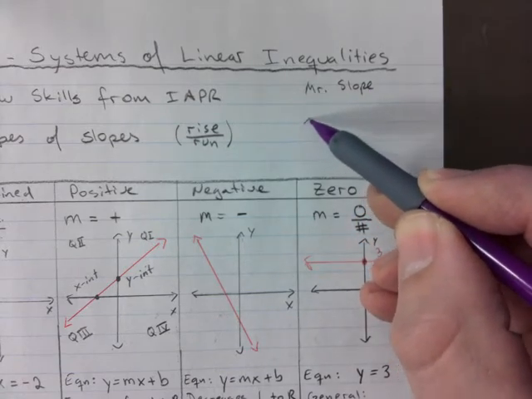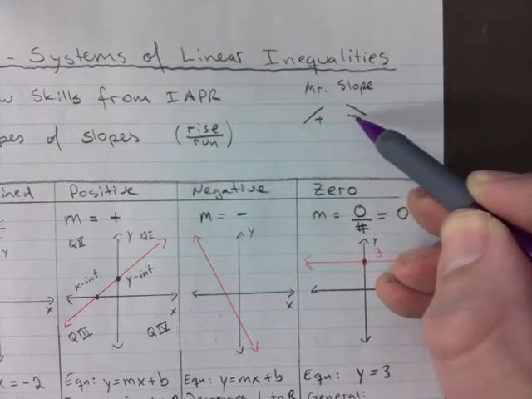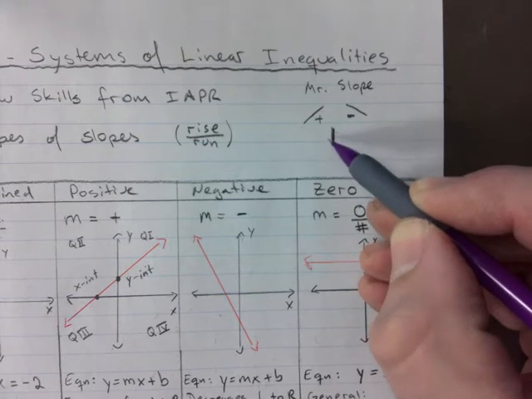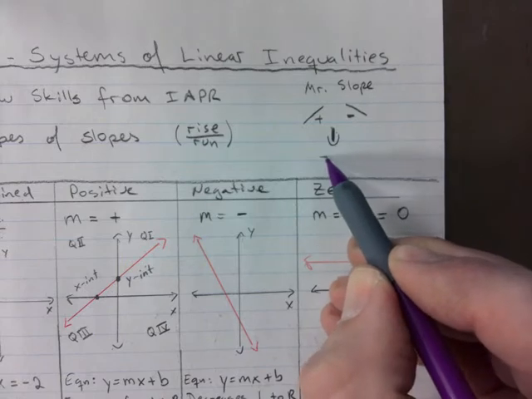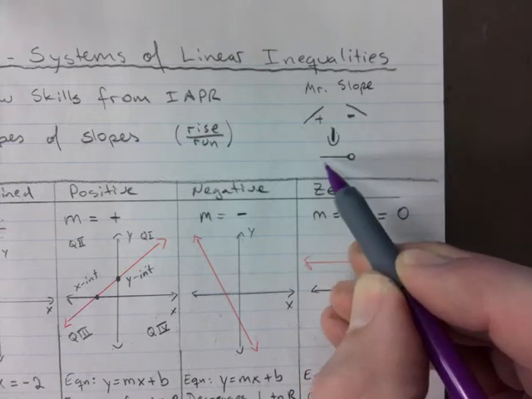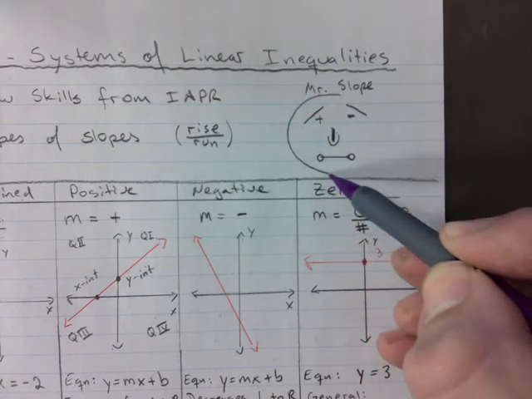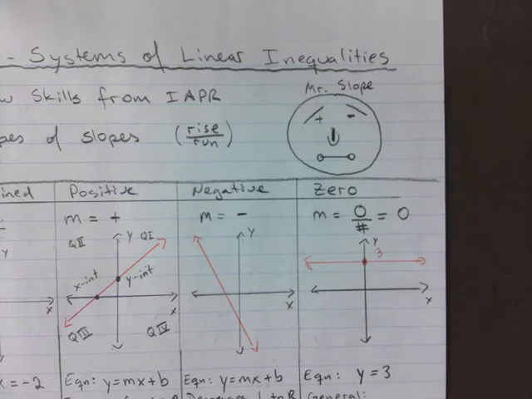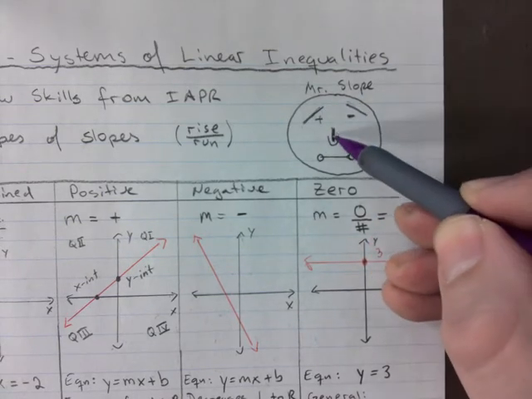So if slope goes up, it's positive. If it goes down, it's negative. A vertical line has an undefined slope. A horizontal line has 0 slope. So that's Mr. Slope right there. Positive slope goes up, negative slope goes down.